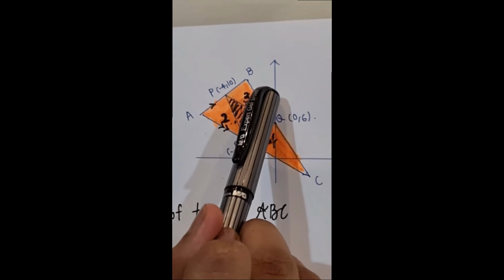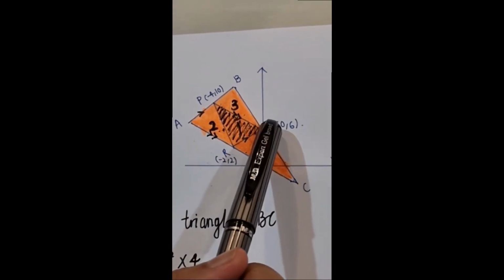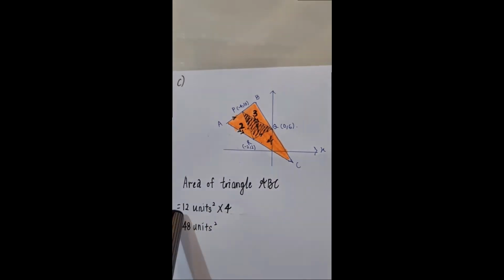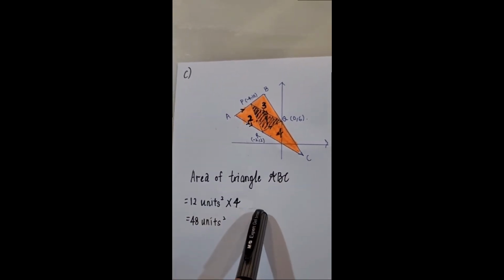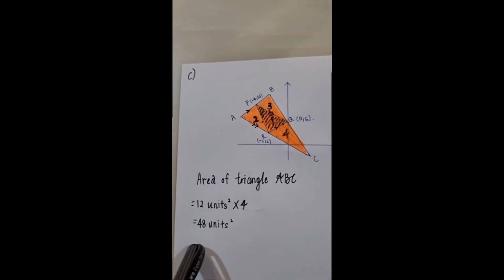Area of triangle 3 and area of triangle 4 are also the same because Q is the midpoint of BC. So we have to take the area of triangle PQR, which is 12 units squared, times 4 to get the area of triangle ABC. So the answer is 48 units squared.